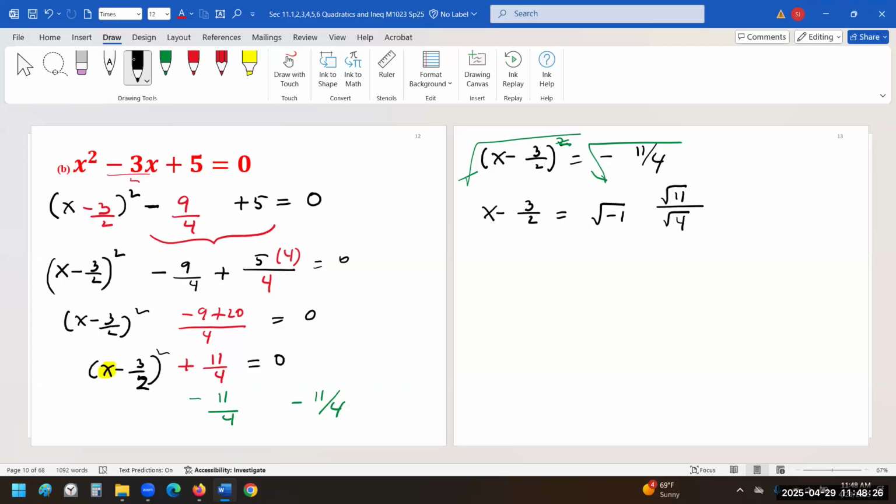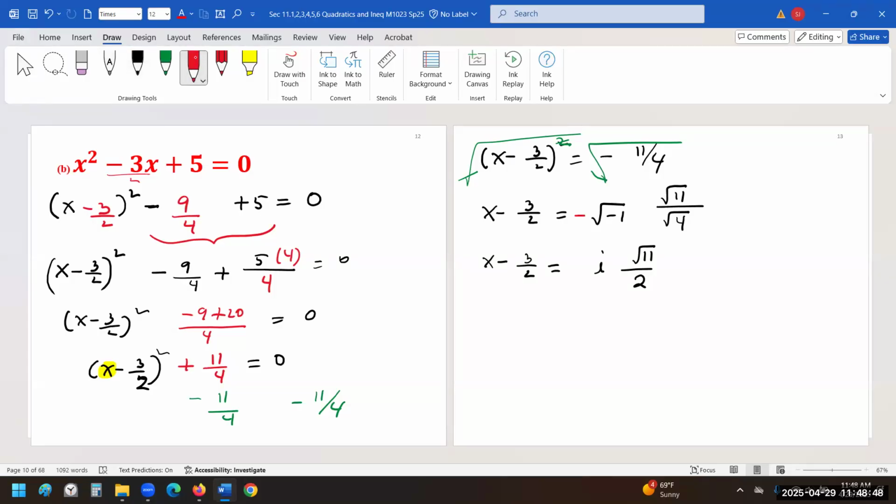We split our square root into 3 pieces. So we have x minus 3/2 equals i. Square root of 11 is square root of 11, we have no idea. But what is square root of 4? 2.